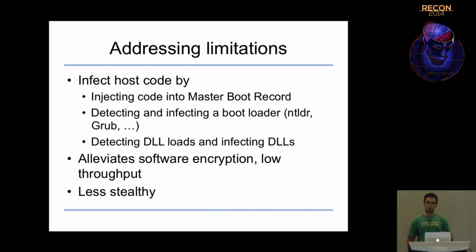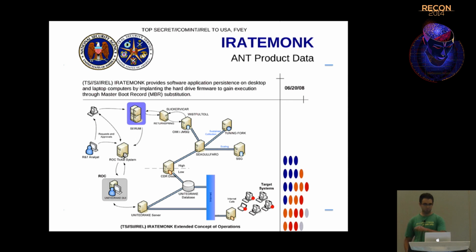This helps to circumvent software encryption, because if you manage to infect the kernel module or the kernel, and you're inside the kernel, then software encryption doesn't help anymore. It also helps against the low throughput, because once you're running inside the system, you can directly use the network card and send with much higher throughput. But of course, it's less stealthy if you infect the main system, because then you're exposed to normal scanning.